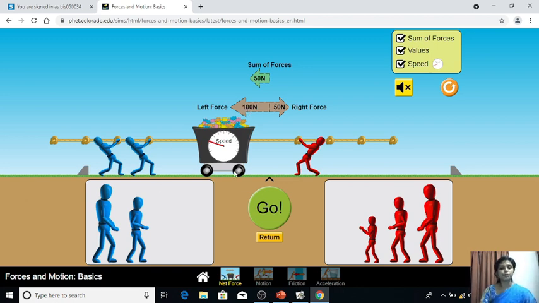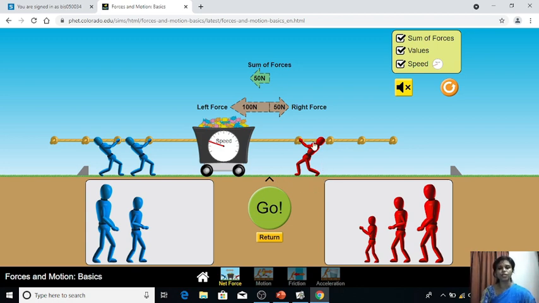So that means force can be measured. It is a measurable quantity. And N means Newton, so Newton is the unit of force. So 100 Newton force is applied towards the left hand side, and 50 Newton force towards the right hand side. That means force can be measured.